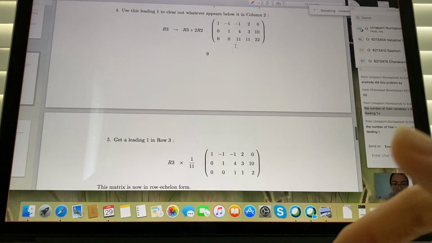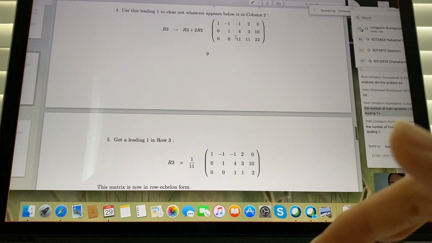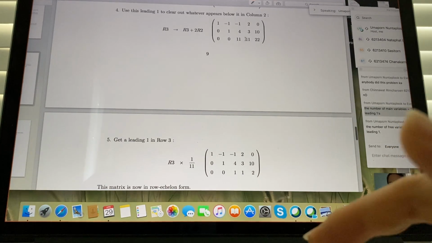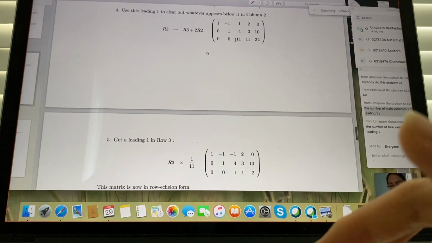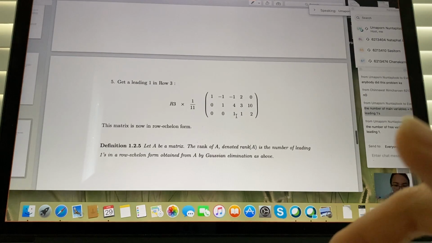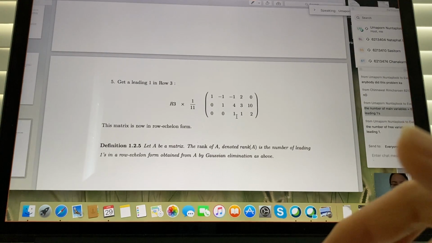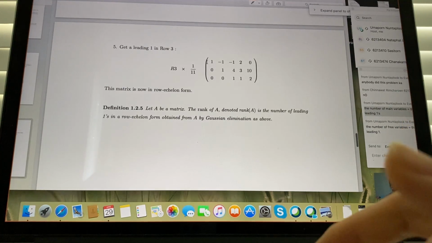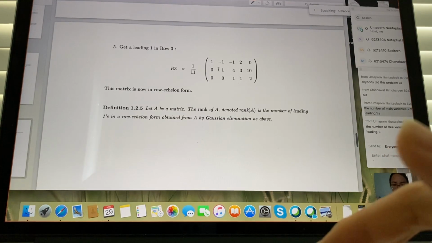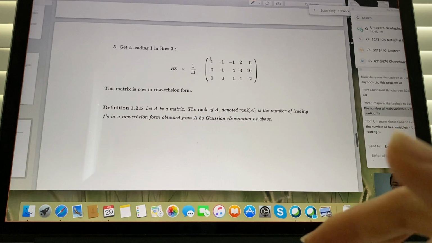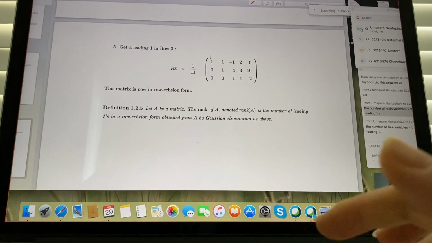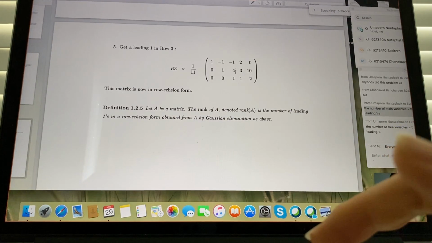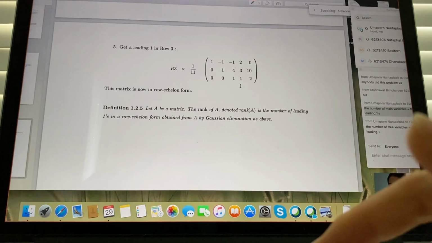Now the last row here is 11, so we just divide through by 11 to get another leading one. Here we go. This one is called row echelon form. Let me mention a little bit about this. Here, how many variables do we have? We have 4 variables, x, y, z, w, right?